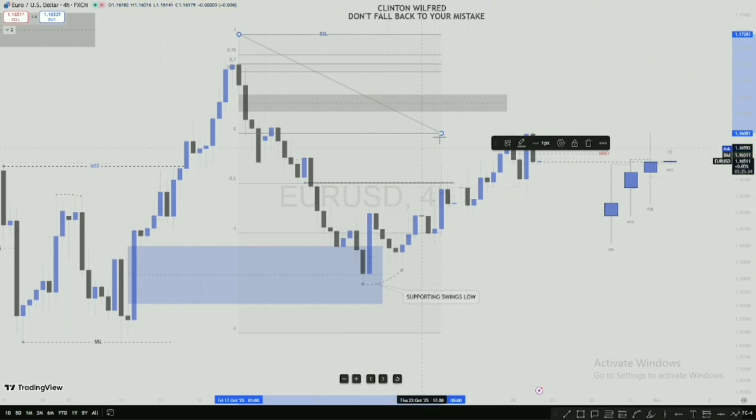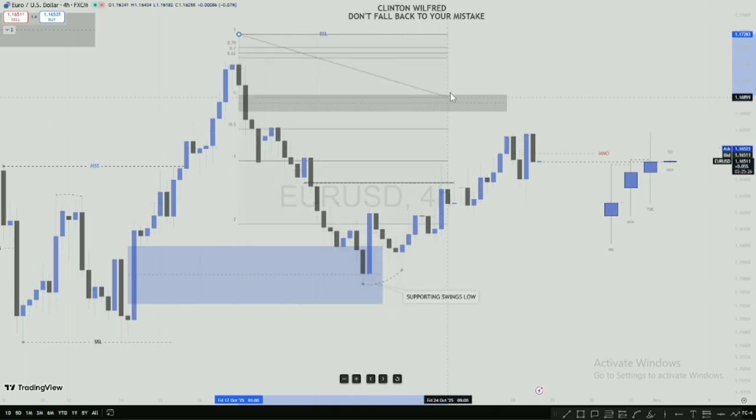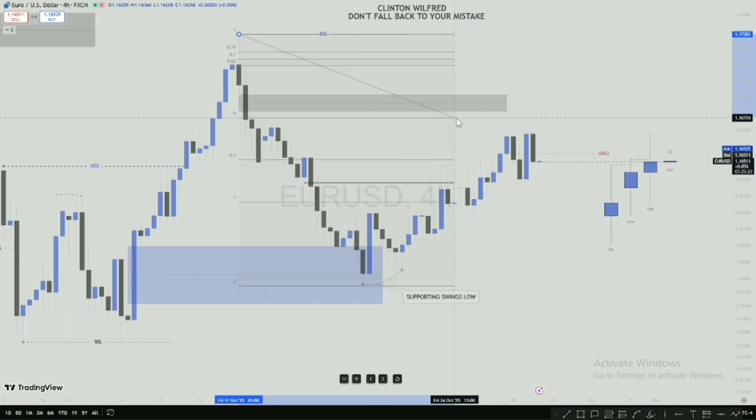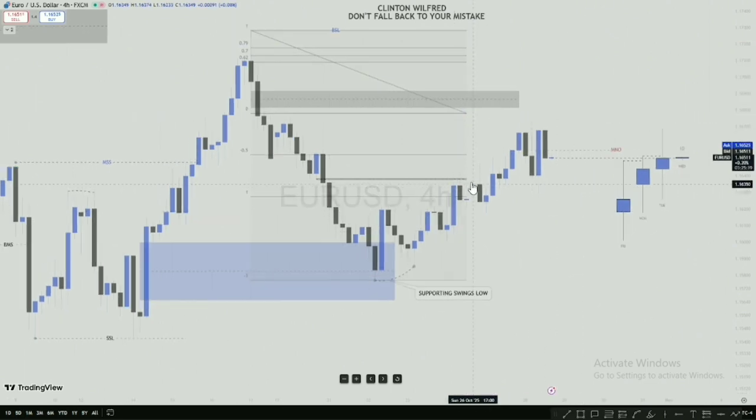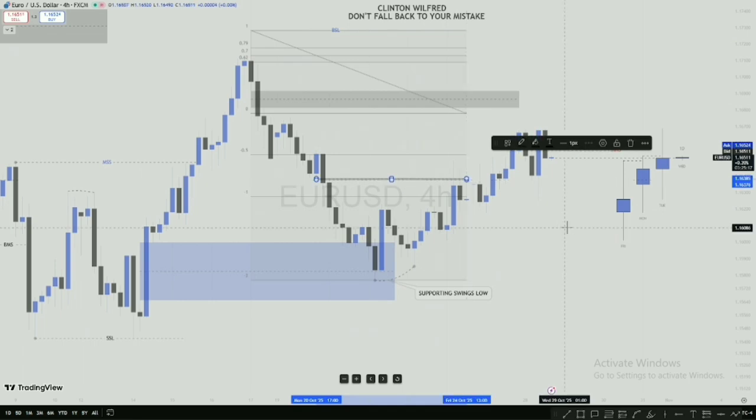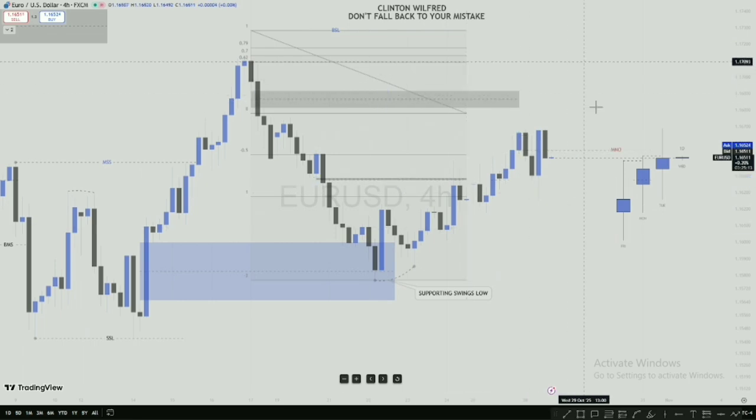But no, what happened? We had the FVG below the 0.5 level. So now, if I should tell you which one is the high probability fair value gap that we can get to and reverse, just to frame ourselves for the AMD model, it will be this first FVG at this point.